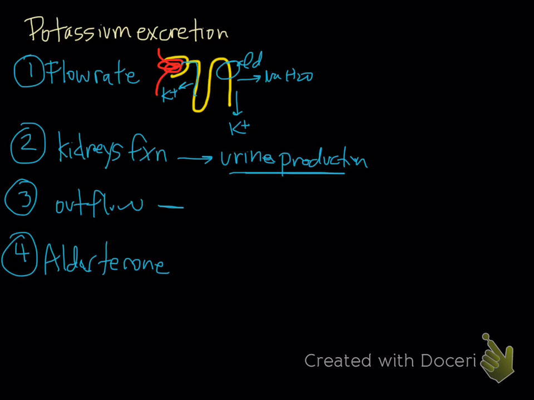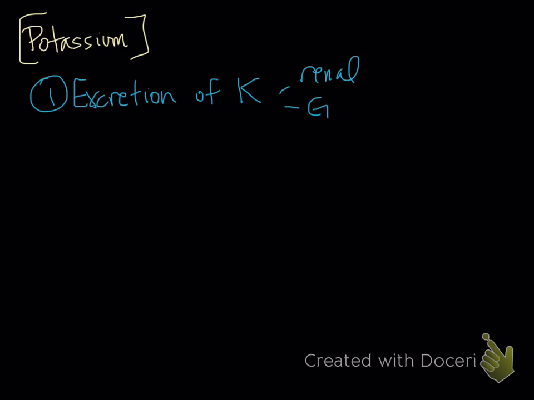When we see alterations in actual potassium concentration, what we're going to think about is, again, the rate of excretion. So we're going to go back to those things we just looked at: excretion of potassium, which is going to be via the kidneys primarily, but we're also going to talk some about the GI tract, with vomiting and diarrhea being less, and then in horses, skin.